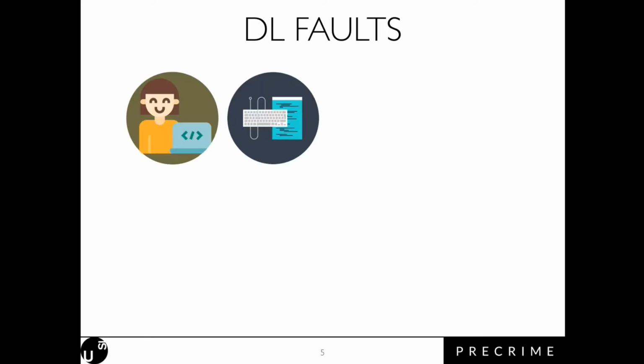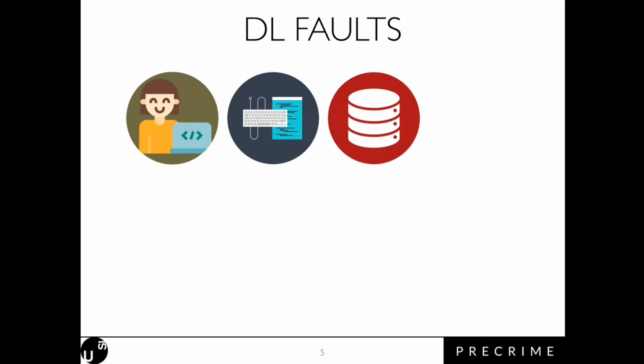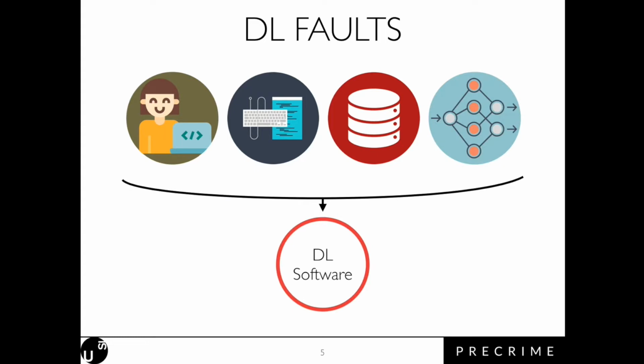We have a developer that also writes some code, but we also have some training data that was collected previously, and we also have a selected model architecture with optimizers, loss functions, and a big number of different hyperparameters. So when our DL model misbehaves, we cannot be sure that the source of the fault is in the code. It can also be in improper data or in wrongly selected hyperparameters. So it makes the fault here a bit more tricky.